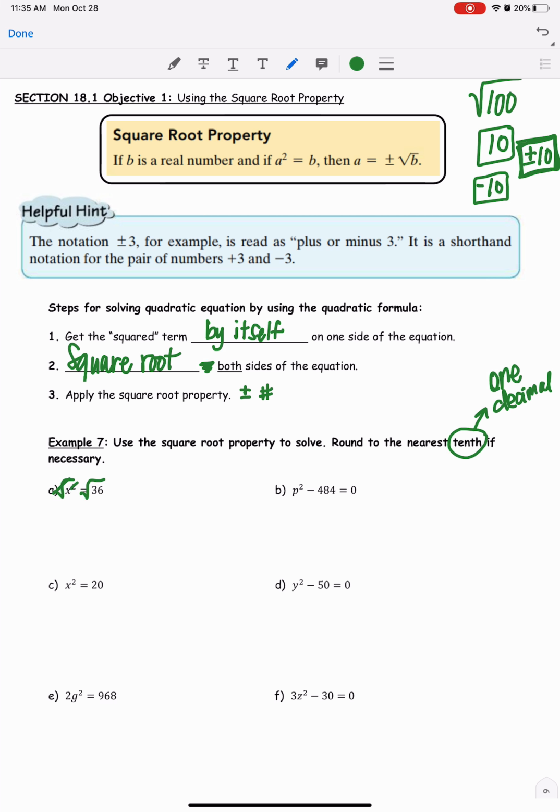So your square root and squared cancel, and we're left with x equals. Now when you put in your calculator the square root of 36, it just tells you 6, but that's why we've got to apply the square root property that says I don't just have positive 6, that can also equal negative 6. So my final answer here is x equals plus or minus 6.